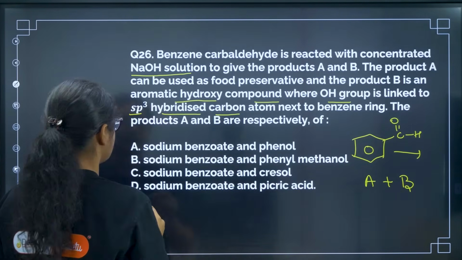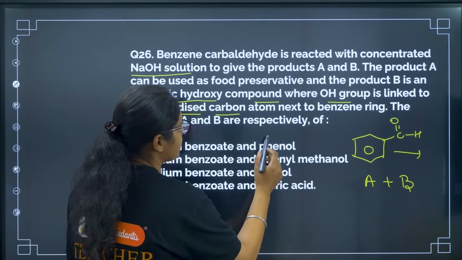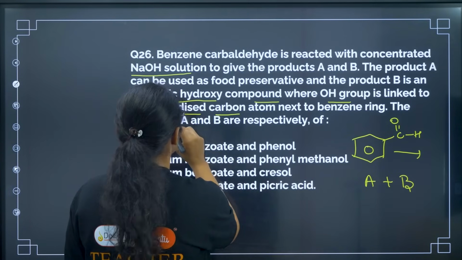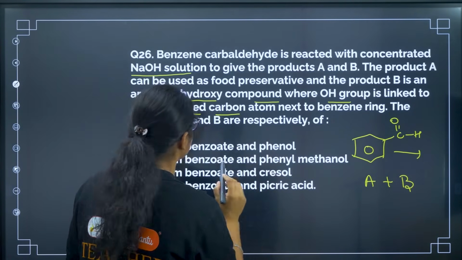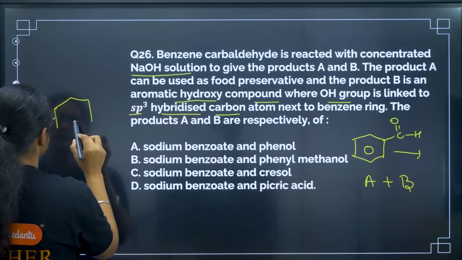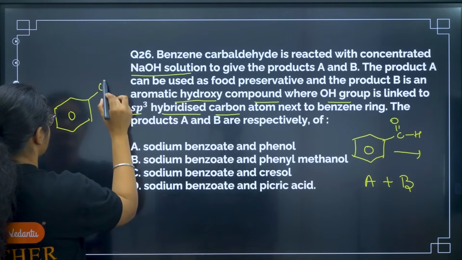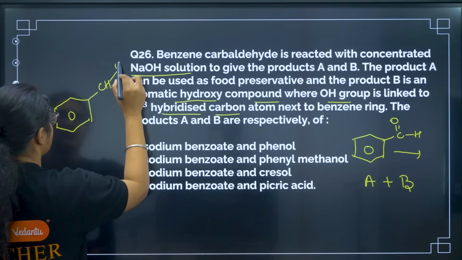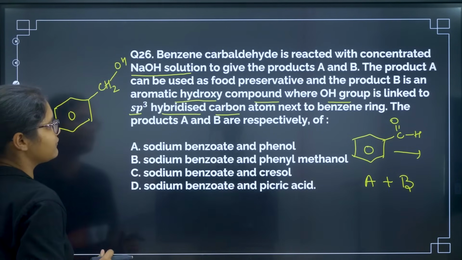So one product is this one, and another product is given as OH linked to the sp3 hybridized carbon atom next to the benzene ring. So we can draw like this. One of the products is this one. You can see the definition.